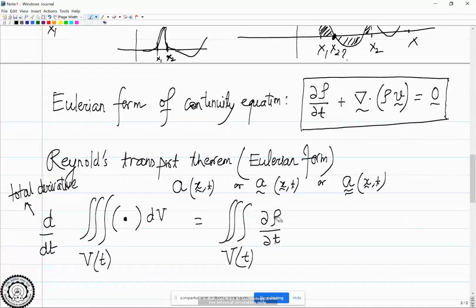This is not rho, this is any quantity which could be scalar, vector, tensor, into dV.